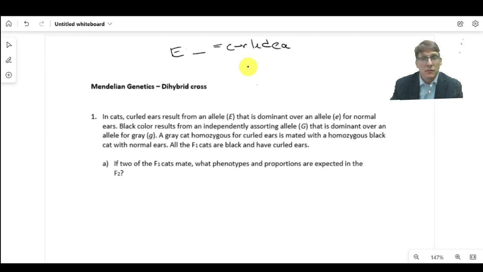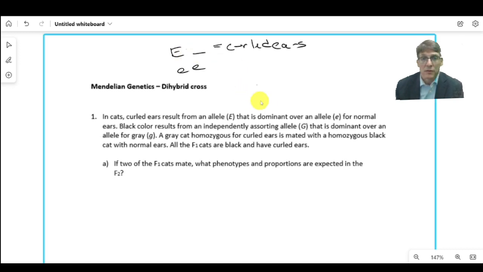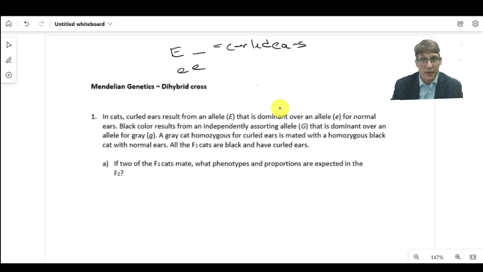And the line there means that either a big E or a little e allele could be there, and that's what we mean by dominant. When we have a homozygote recessive cat for the little e, we're going to have normal ears.